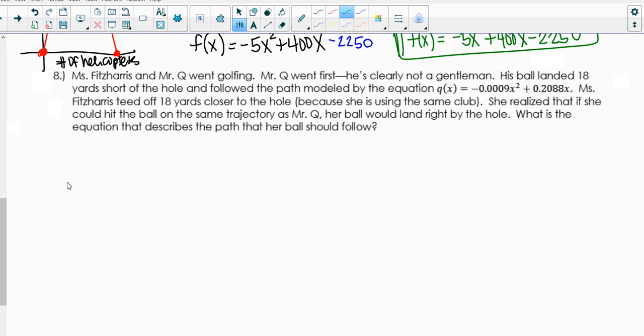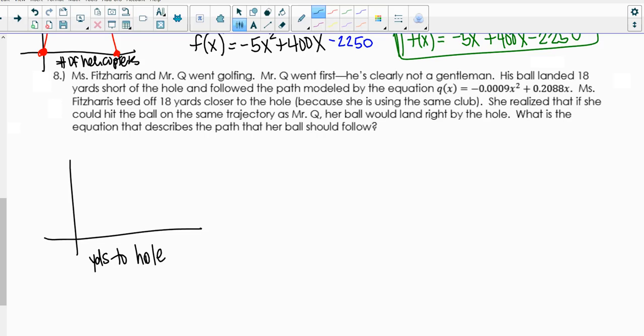All right, so let's think about this. We're golfing, right? So we're going to have height of the ball. Oh, sorry. This is yards to the hole. Okay.